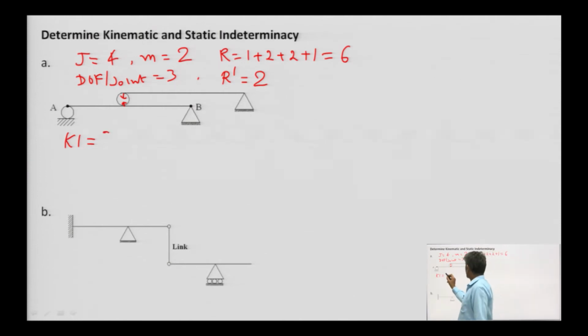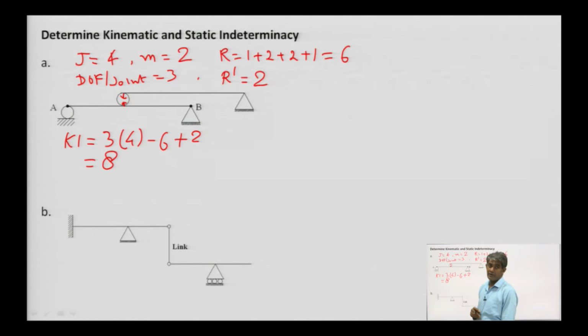Degree of freedom per joint 3, number of joints 4, minus restraints we calculated 6, and additional degree of freedom, that is 2. How much is this? 12 minus 6, 6 plus 2, 8. Kinematic indeterminacy in this case is 8.